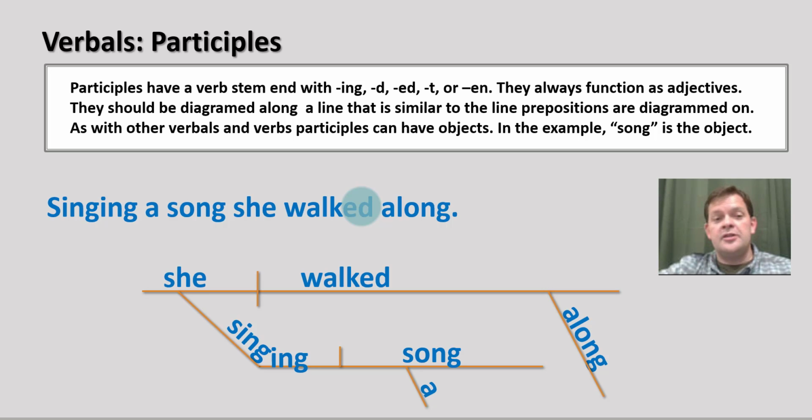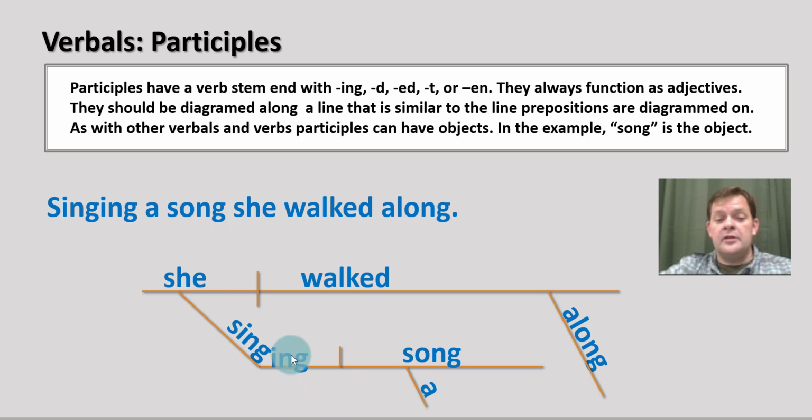They always function as adjectives, and they should be diagrammed similar to how the gerund would be diagrammed, but you put the participle on the line as it comes down. It should go over where the slanted line and the horizontal line meet.